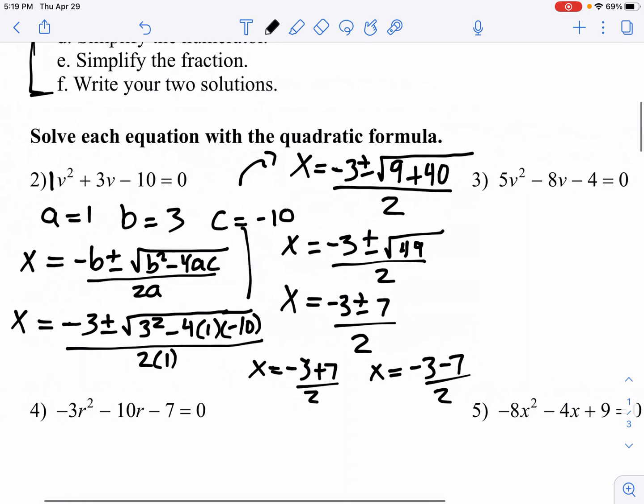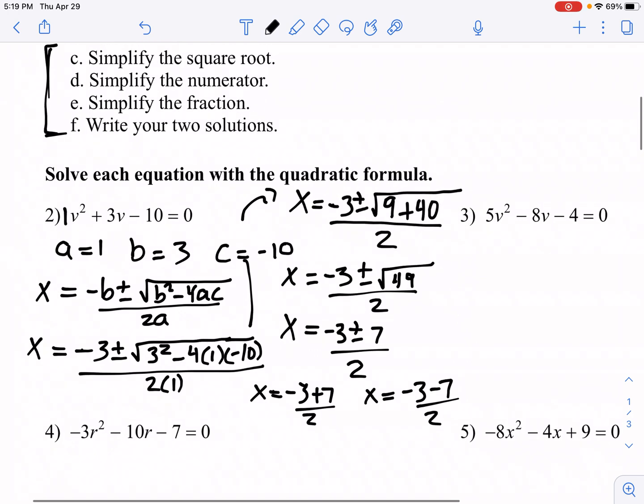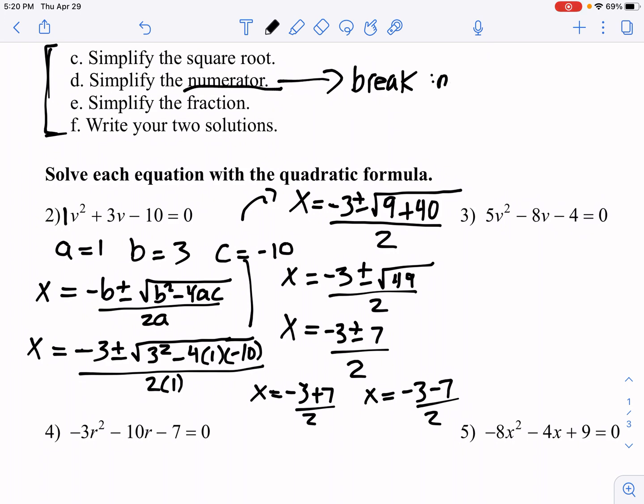So I know it says simplify the numerator, but that's really what I'm referring to. Maybe we can even change this and say break into two equations. Sometimes you might have to actually simplify the square root more, but you could add to this.